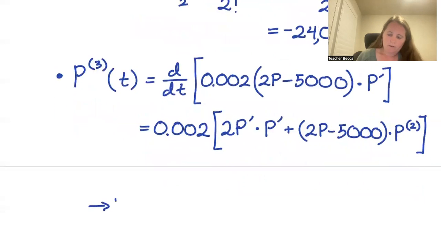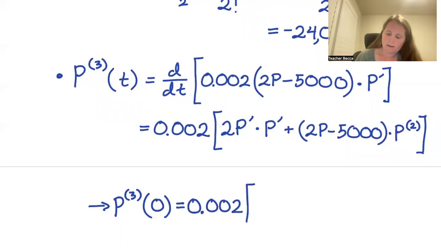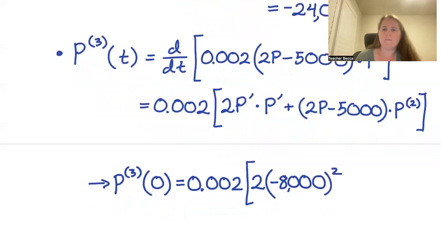So we have that the third derivative evaluated at 0 should be 0.002 times 2 times p prime squared. So p prime of 0 was negative 8,000, squared.